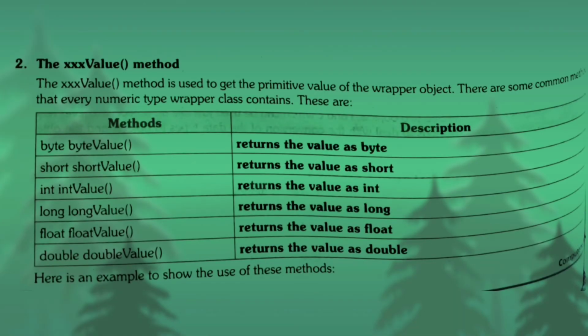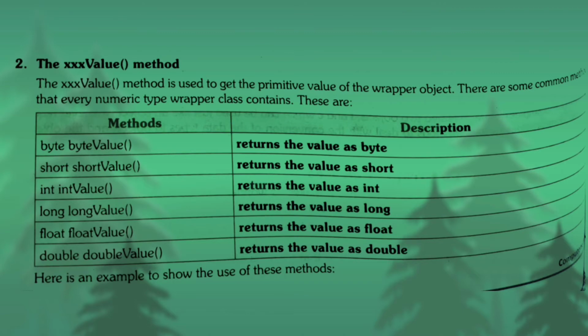The second method we have is the xxxValue method. Here xxx is not any name. You can replace it with the type you are using. Suppose you are using it with the byte data type, then the method name will be byteValue. If you are using it with the short data type, the method name will become shortValue.